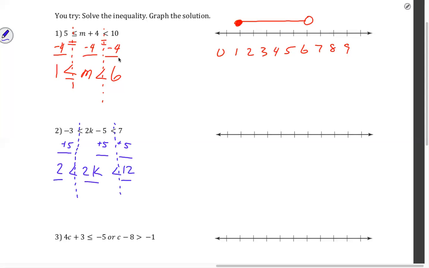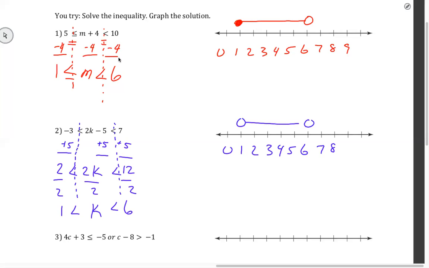So now I divide everything by 2. And that's going to give me 1 is less than k, which is less than 6. Oh, look at that. It's like the same thing. Open circle, and we're shading in between.